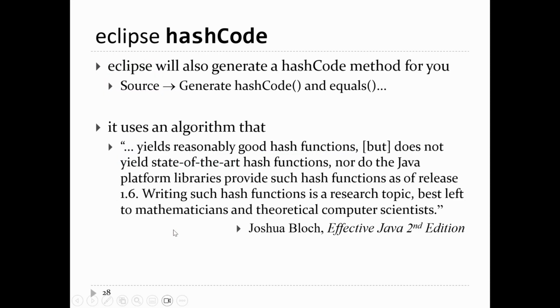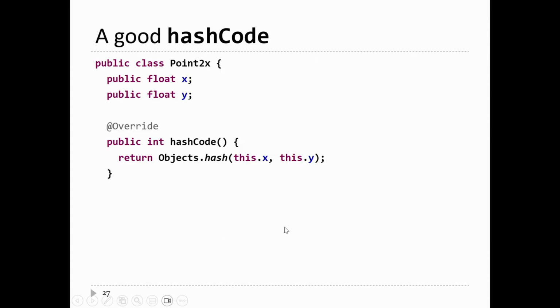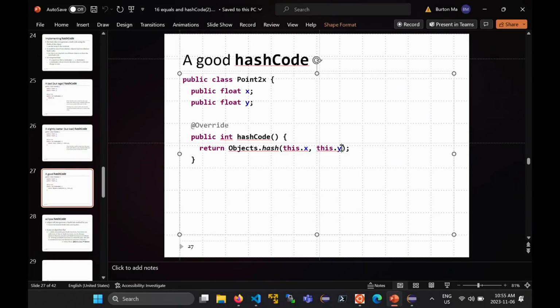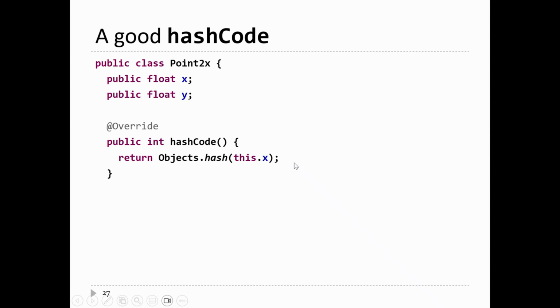So let's see why not. So there's my hashCode method. Suppose I just wrote this as the following. Instead of using x and y, I just use x. Is this okay? You ask yourself, when are two points equal? Well, they're equal if they have the same x and y coordinate.